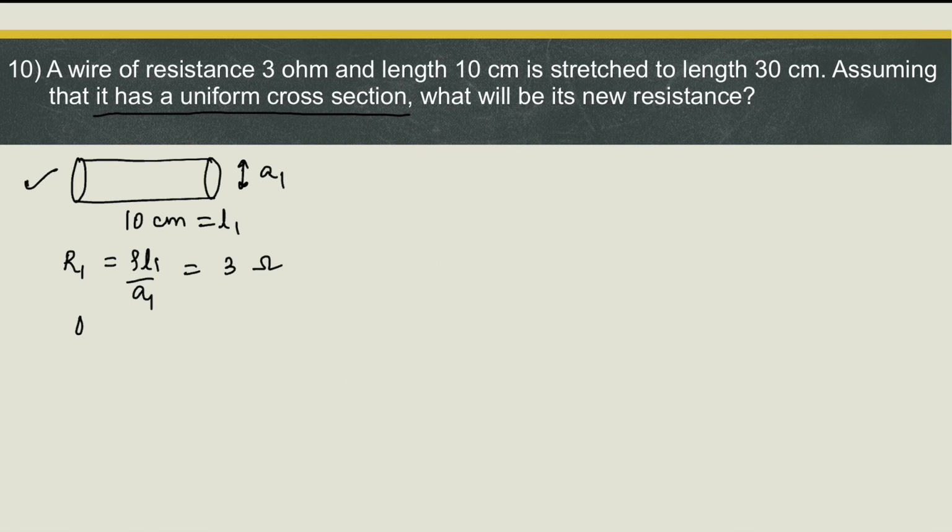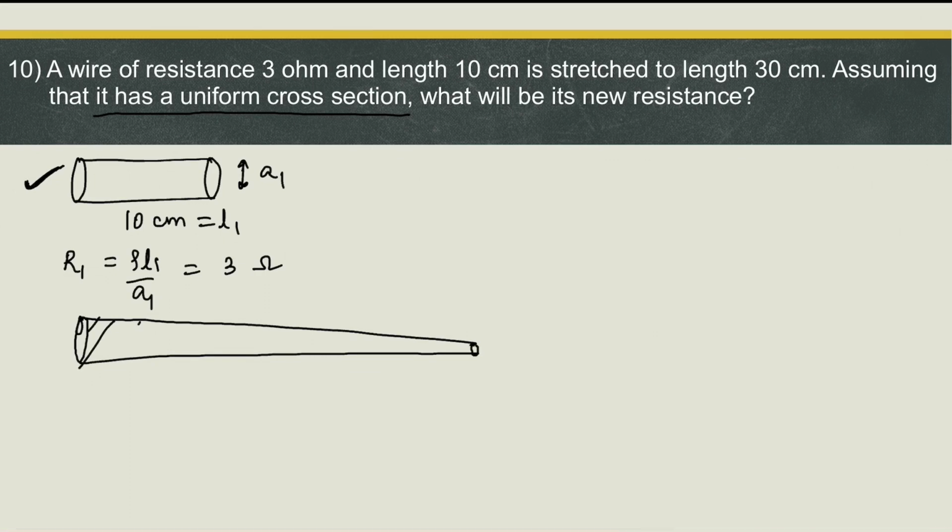Now see, when I stretch this wire, there are two possibilities. Possibility number one is that I stretch the wire like this. I increase the length of the wire by stretching, but as you can see here, the area is not uniform throughout its length. Area changes as we go from left side to the right side.